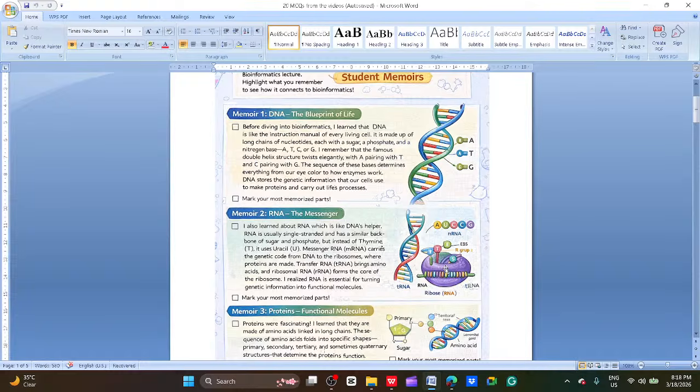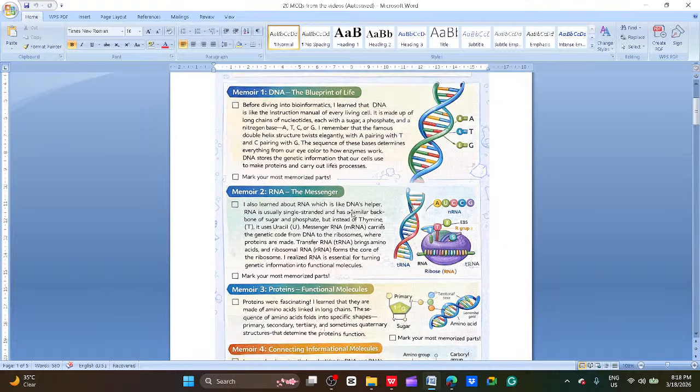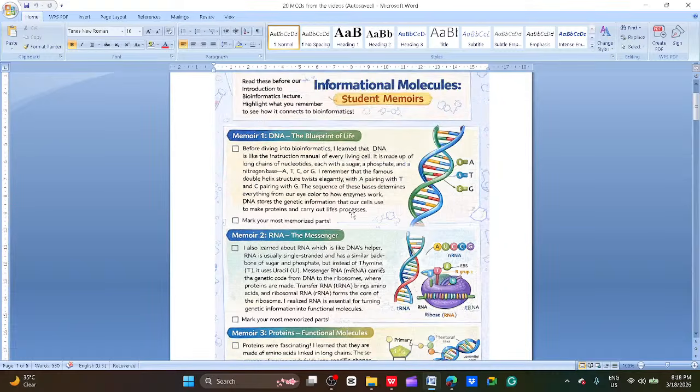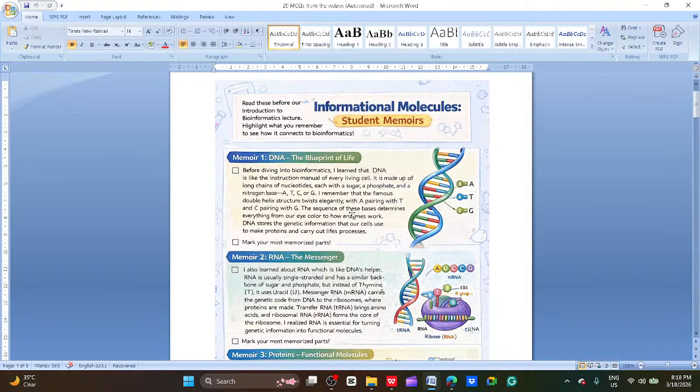You need to know that. If you are talking of informational molecules, don't forget bioinformatics, which is the biological or computational study of biological information, or biological data. We will learn all this.